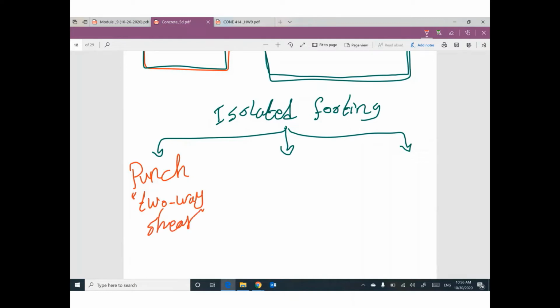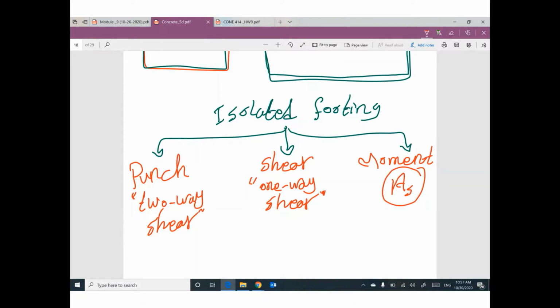The second issue can be called shear, or sometimes one-way shear. The third issue is the moment, and this moment will give you the area steel.